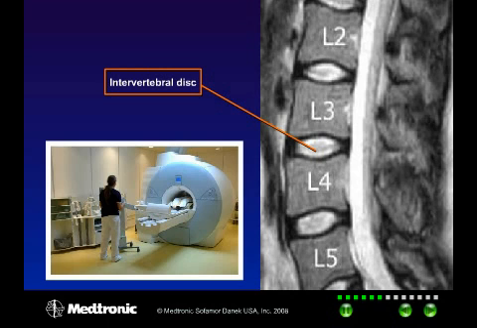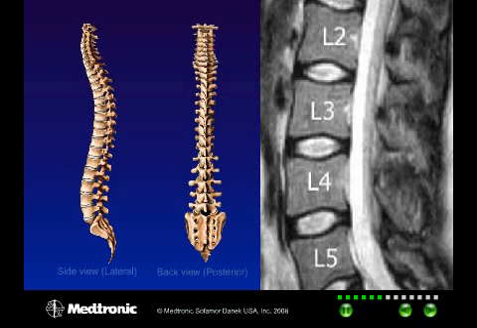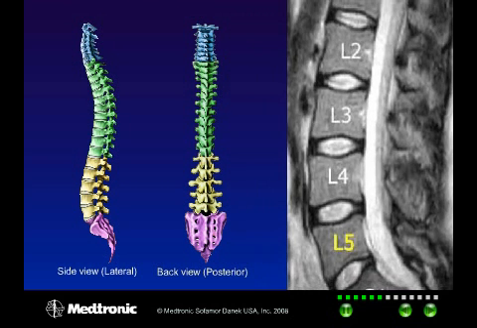The intervertebral disc, which is mostly water, appears to have a bright center and darker edges on the MRI. The vertebrae are numbered according to the part of the spine: cervical, thoracic, lumbar, and sacral from top to bottom. The last lumbar vertebra is called L5, and the first sacral is called S1.